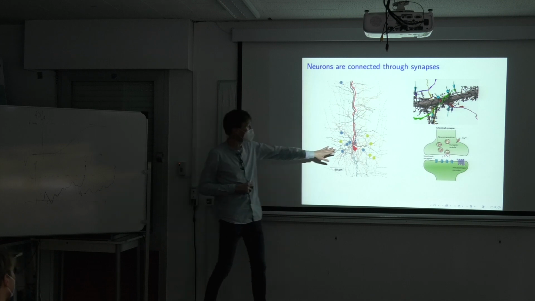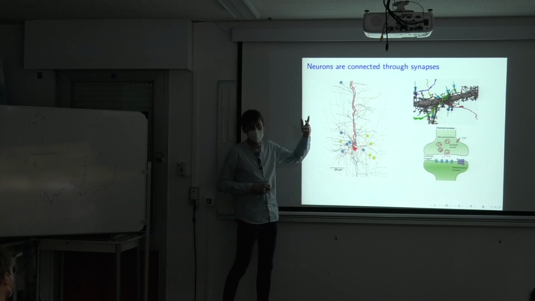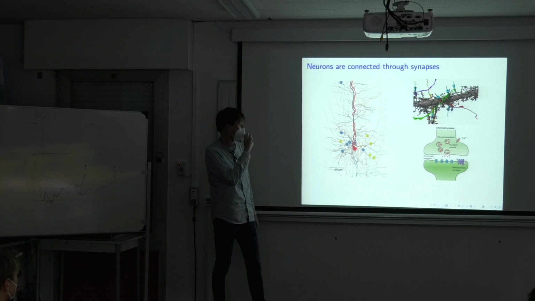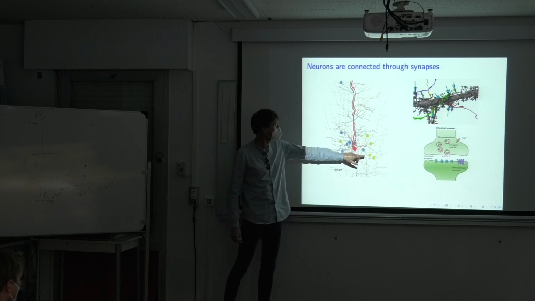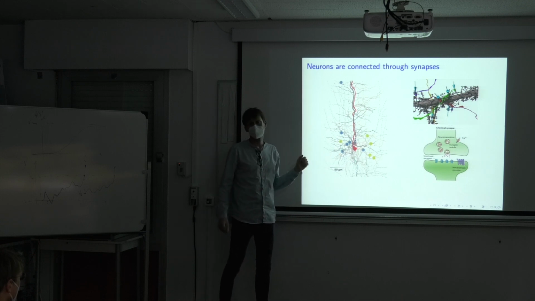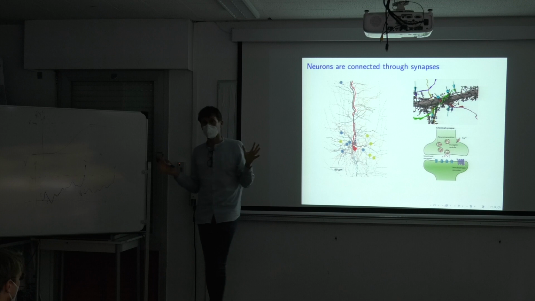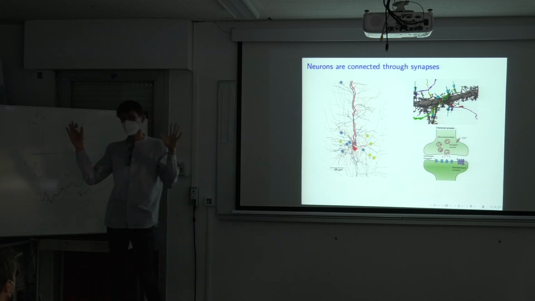In fact, it's been estimated by these people, this is Henry Markram and collaborators at EPFL, that this neuron can actually touch the dendrites of essentially all other pyramidal cells in the neighborhood of size approximately 100 microns around it.